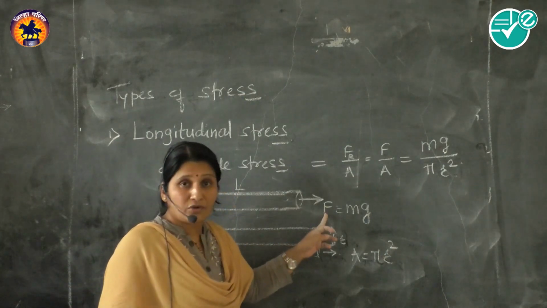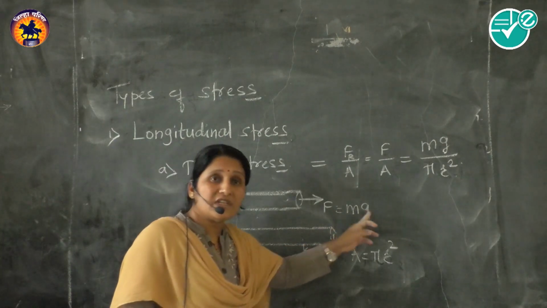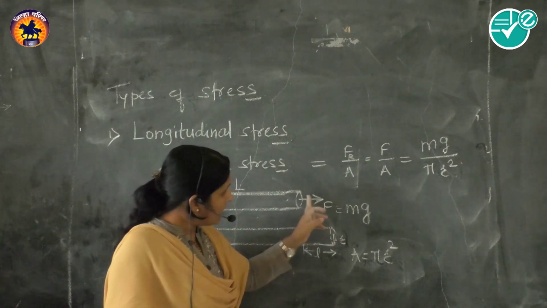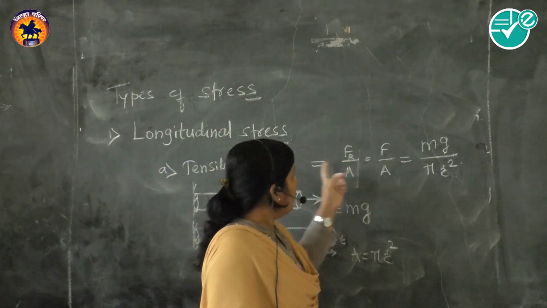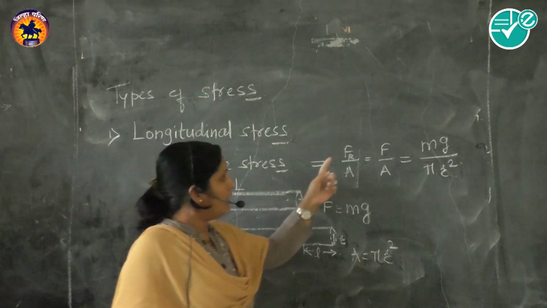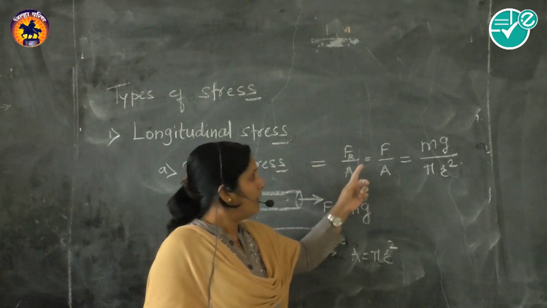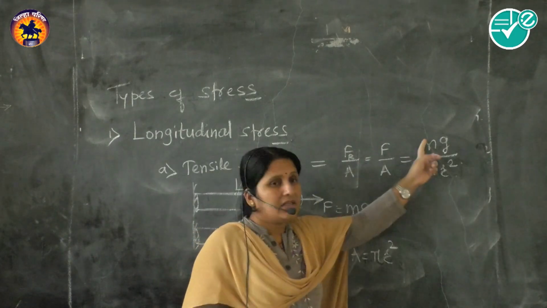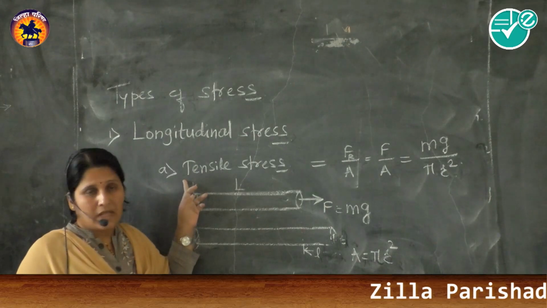Force is applied by application of load there, which is having mass m, and we know that mg is force. And cross-sectional area of this is pi r square. So we can write tensile stress is equal to internal restoring force divided by area, means applied force upon area, means mg divided by pi r square. This is all about tensile stress.